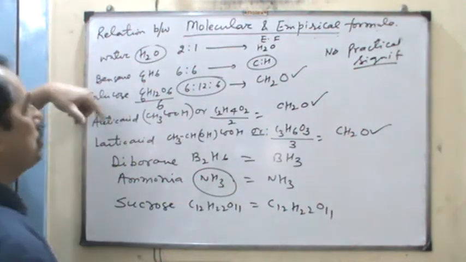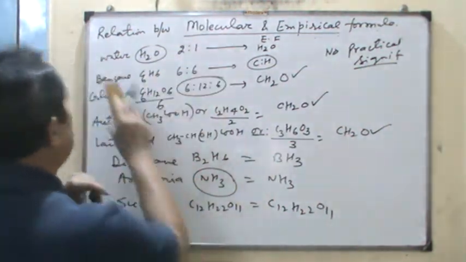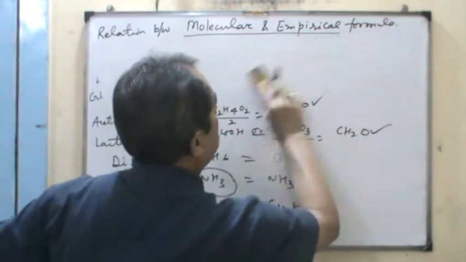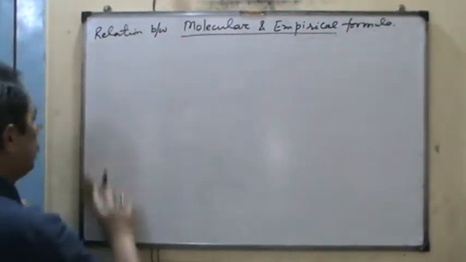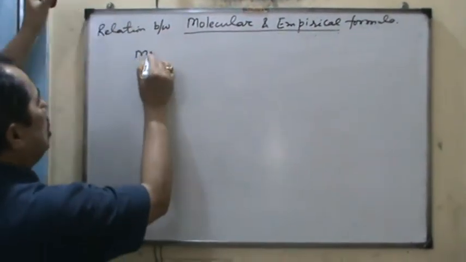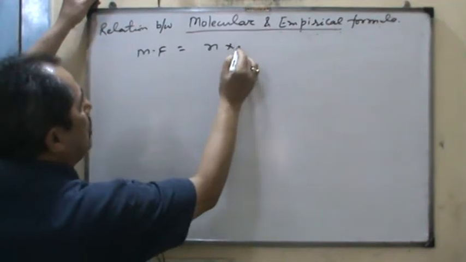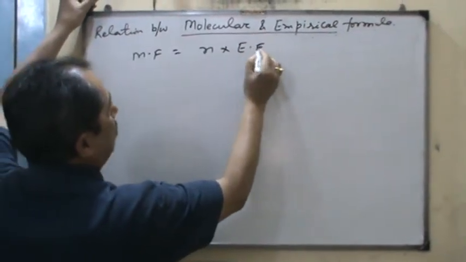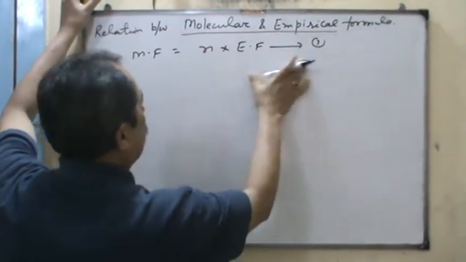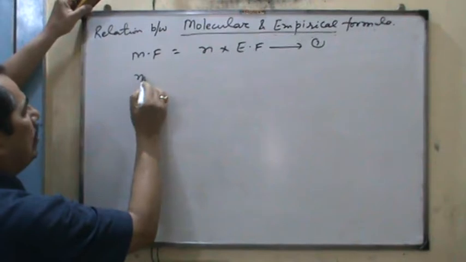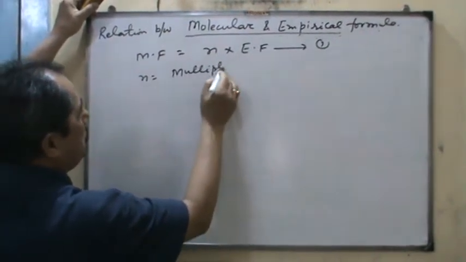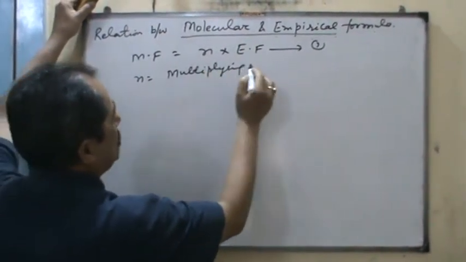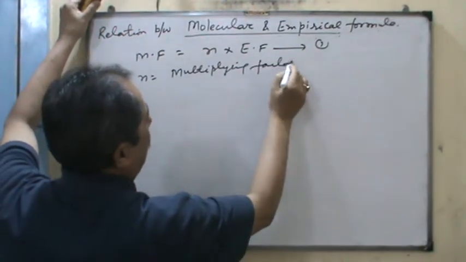Okay, may I proceed to the relation between molecular and empirical formula? Dear students, can you tell me what is the equation? Molecular formula is equal to N into empirical formula. It is equation 1. What is N there? Where N is the multiplying coefficient or multiplying factor.